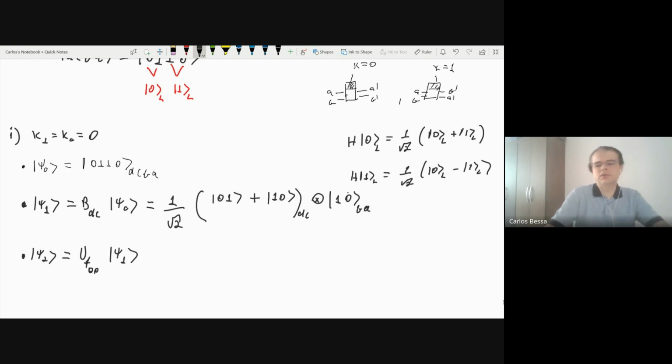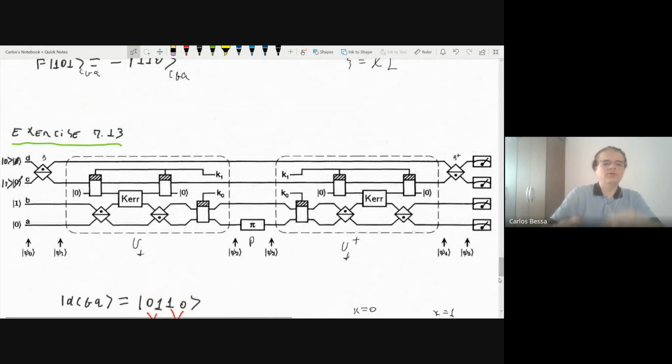But because both switches are off, nothing will happen here, right? Look, we come here. The photon initially was here in C. So the beam splitter puts this photon in superposition, so it has 50% to be here or 50% to be here. Let's say that it comes here.